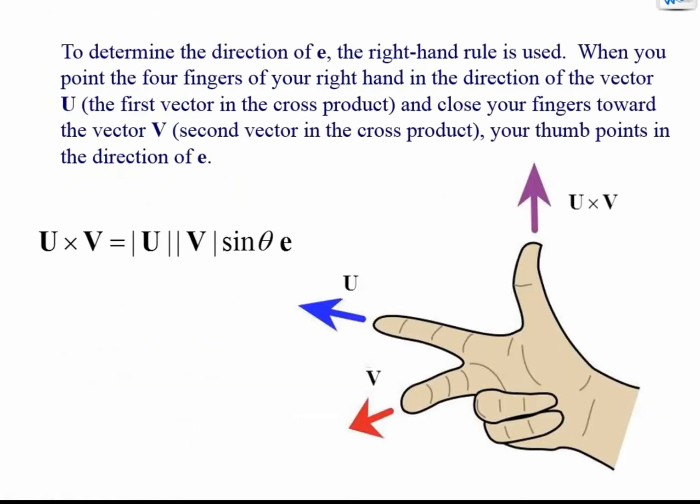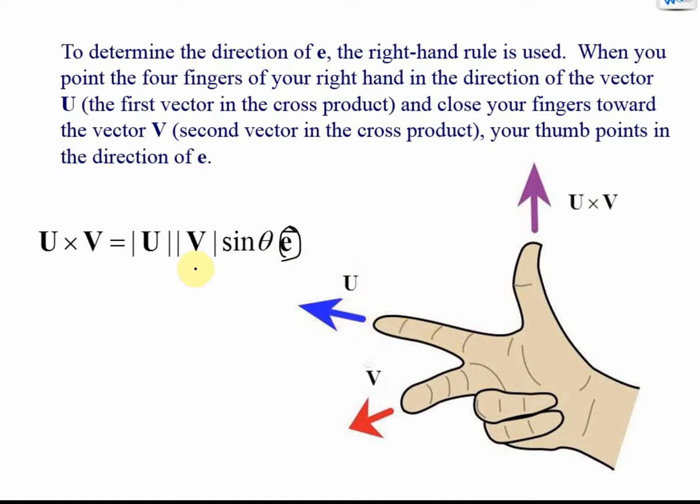And then please remember that when you use the cross product, you have to follow the right hand rule. Then how do we determine the resultant direction? Use the right hand rule.